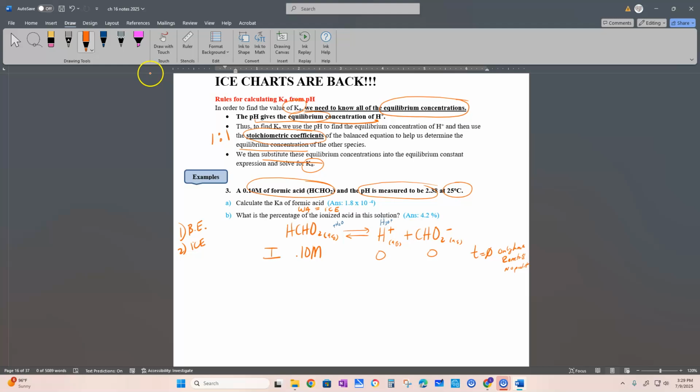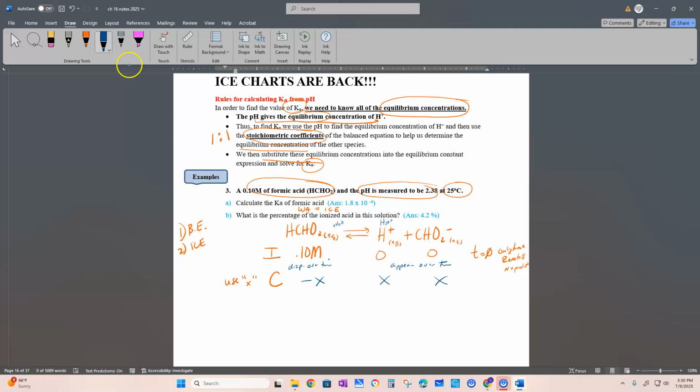And because I don't have anything else to go off of for my change, I'm going to use an X. Okay? My reactants disappear over time, so my change is going to be negative X. And because my products appear over time, I'm going to use positive X.